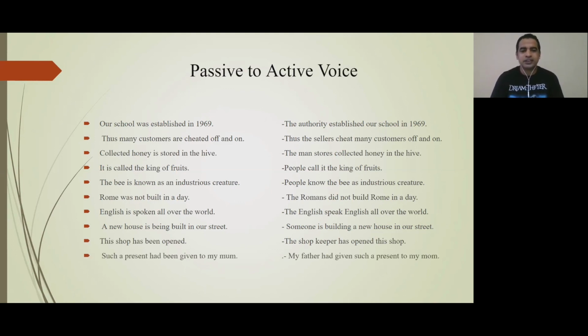Such a present had been given to my mom. My father had given such a present to my mom. Don't think about that. Whatever I take for subject, only you have to take this subject, not that. You have a variety of subjects befitted to your sentence.